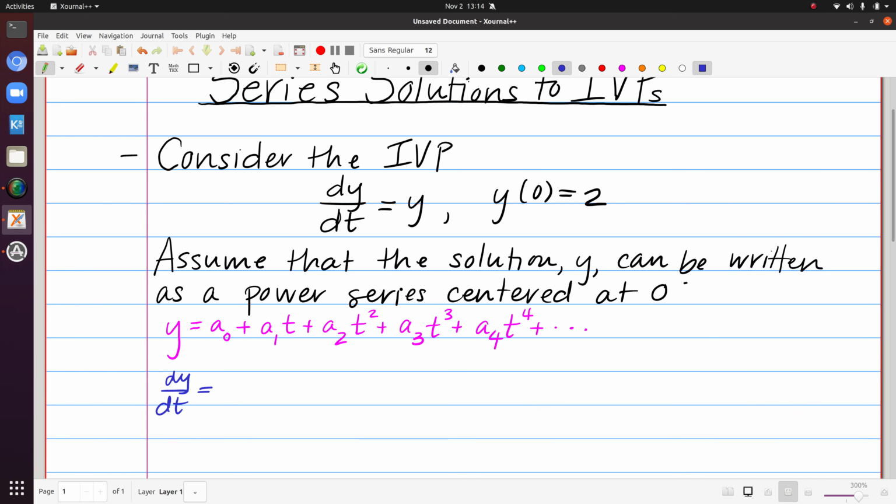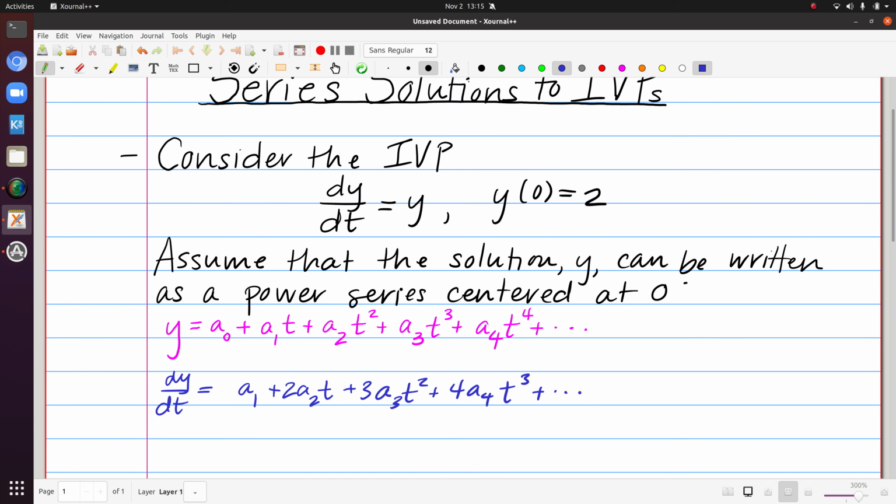So taking the derivative with respect to t, a sub 0 would go away, a1 t would become a1, then we'd get 2a2 t to the first power using the power rule, plus 3a3 t squared, 4a4 t cubed, etc. So this is just term-by-term differentiation, which we've seen we can do with power series.